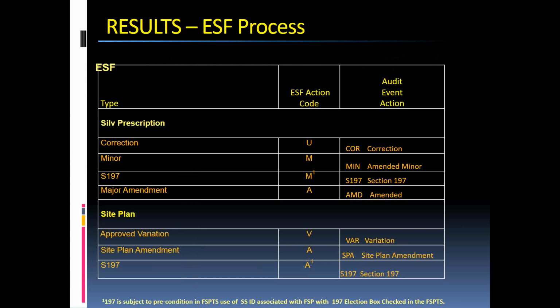When we talk about the ESF process, we have different kinds of documents, and the first thing you need to know about is that in the opening definition component of building a submission, we have to specify an action code.